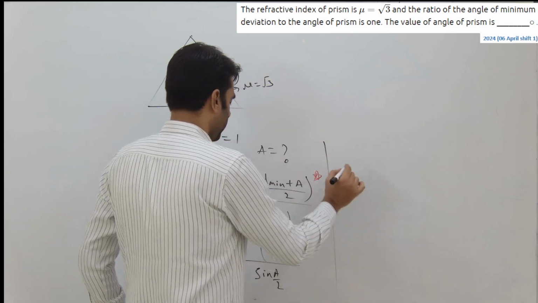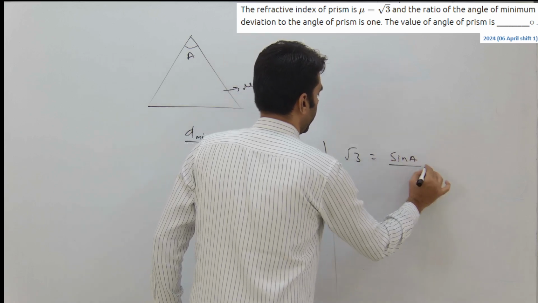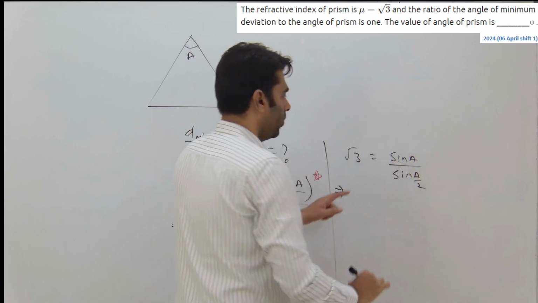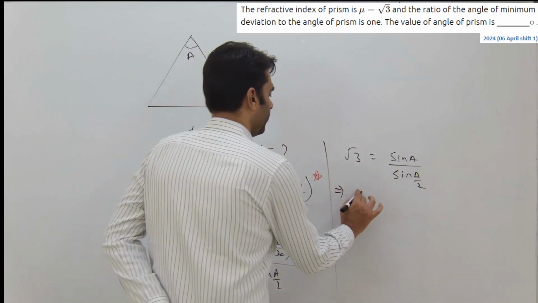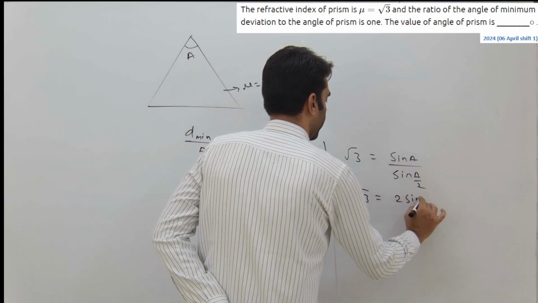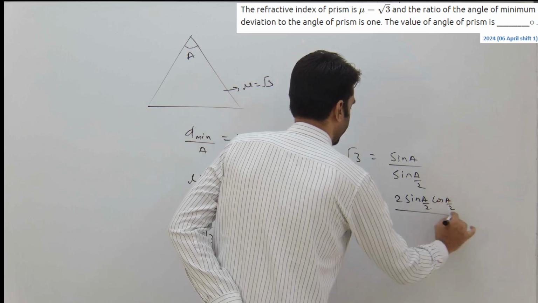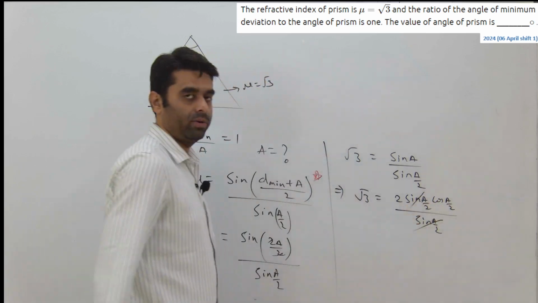We have root 3 is equal to sine A divided by sine A by 2. Over here we can use the sine 2A relation, so sine A can be written as 2 sine A by 2 cos A by 2, divided by sine A by 2. Sine A by 2 cancels out.